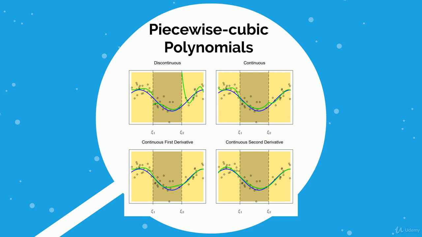These problems are actually exacerbated with splines. One global polynomial is going to be more accurate at the boundaries than a piecewise cubic polynomial or a cubic spline. So a natural cubic spline adds additional constraints, namely that the function is linear beyond the boundary knots.